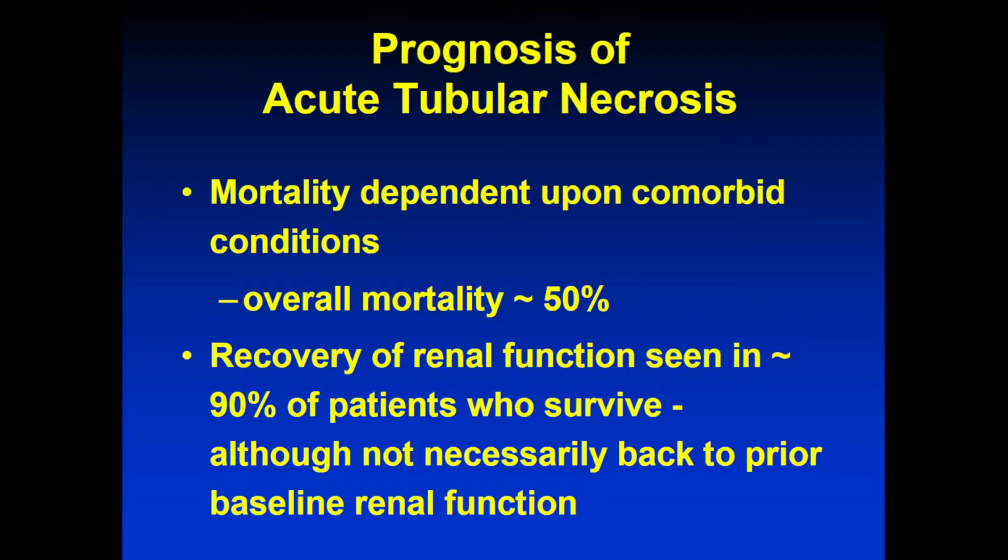What is the prognosis of an acute tubular necrosis? It's the rather hazardous condition because the overall mortality varies around 50%, and recovery of renal function seen in about 90% of patients who survive, who are lucky with this condition, but although not necessarily back to prior baseline renal function.